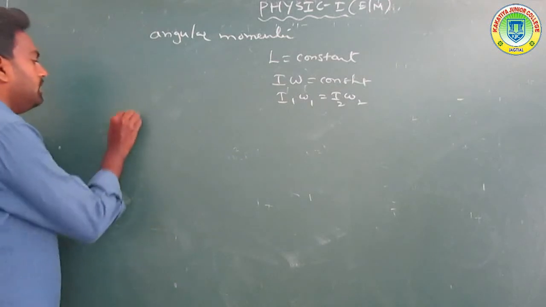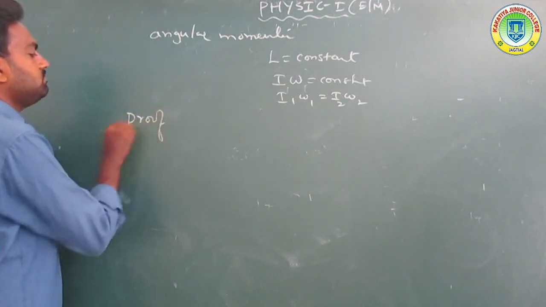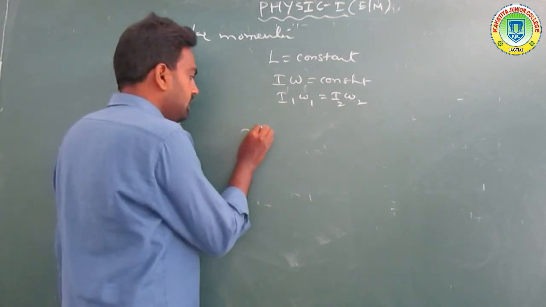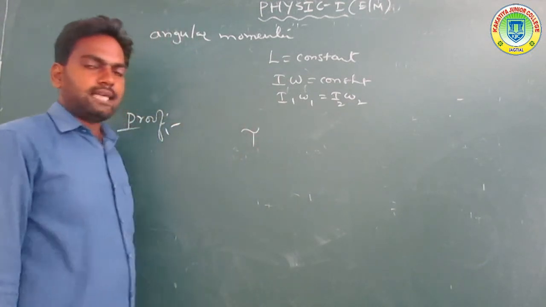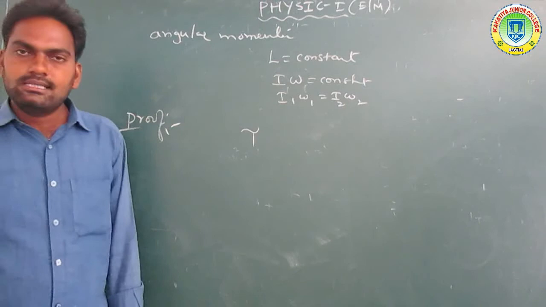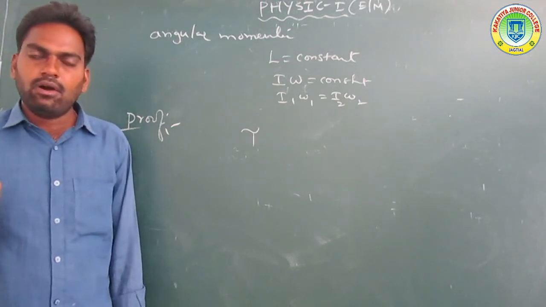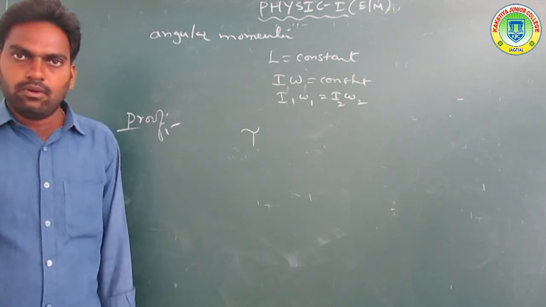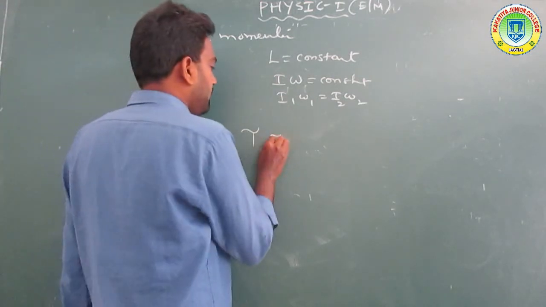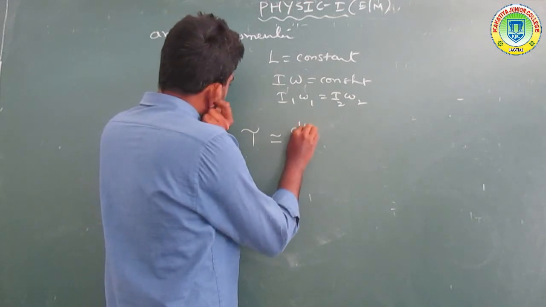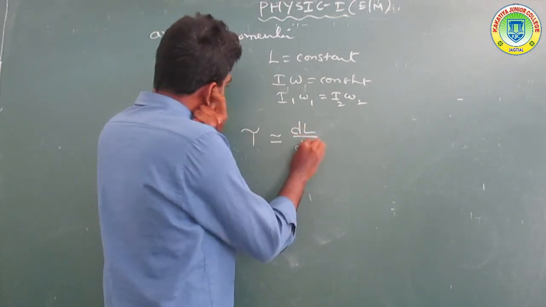Now let us take the proof. Suppose a resultant external torque is acting on a body. The resultant external torque acting on a body is equal to the change in angular momentum.